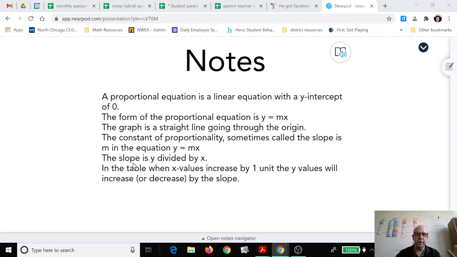But the slope in this proportionality stuff is just y divided by x. So if you're given a table and you take the y value and the x value and you divide, you always get the same answer. Or in any linear equation, if the x values go up by 1, then the y values will go up by the slope, or a constant amount, or sometimes decrease if they're going down.